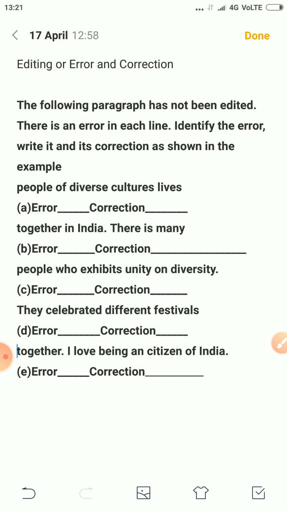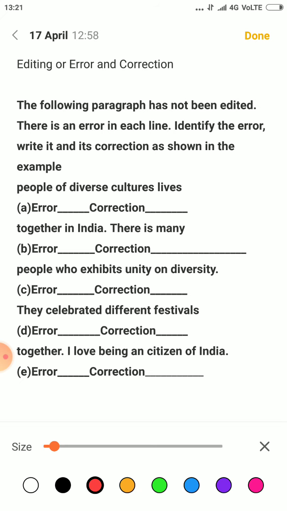The first is people of diverse cultures. So here people is plural, of diverse cultures is also plural, but lives, you can see here, is an error. Lives is not suitable.